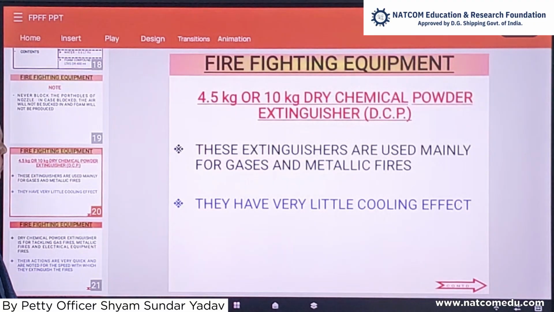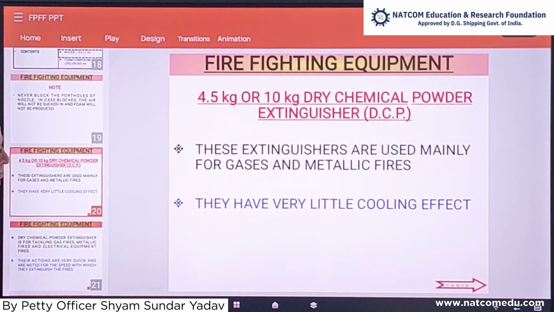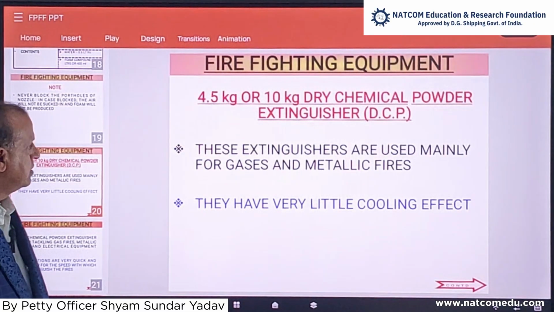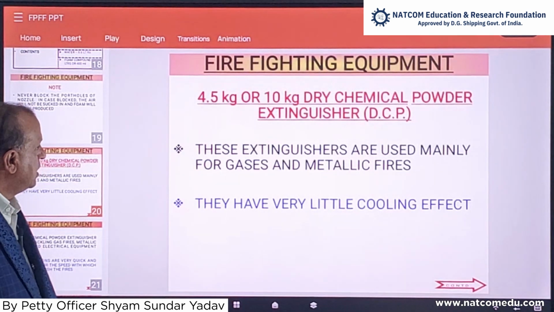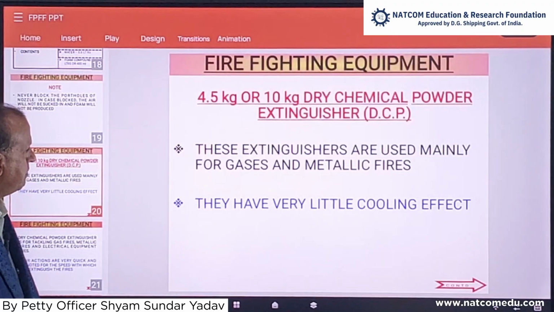Now we'll talk about the trichemical powder fire extinguisher, DCP. These extinguishers are used mainly for gases and metallic fire.